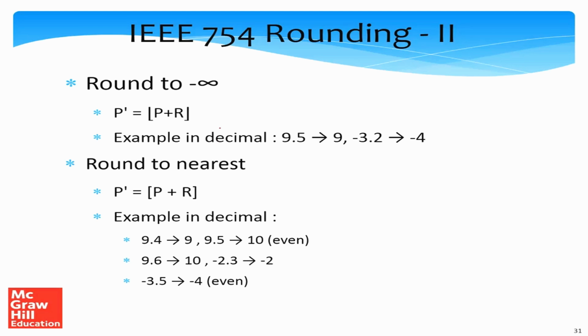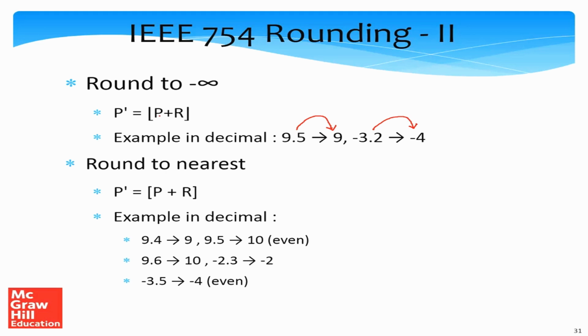One more method is rounding to minus infinity or negative infinity, which means we go to the lower integer. It's the opposite of rounding to plus infinity. So in this case, we actually go down. From 9.5 we go down to 9, and from minus 3.2 we go to the lower integer, which is minus 4.